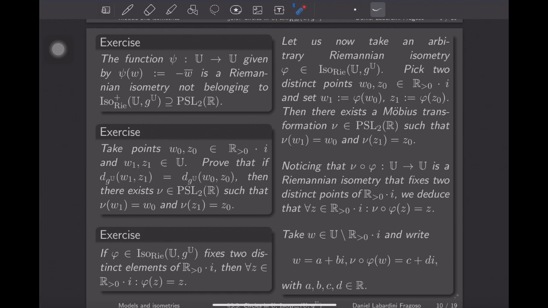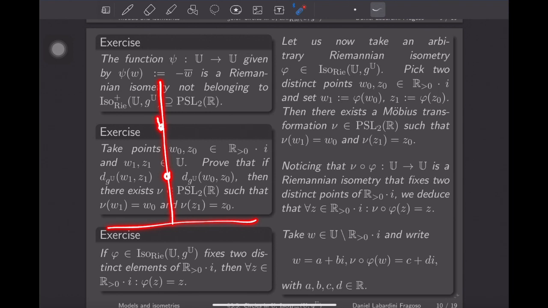Okay, so now I'm going to take all these exercises for granted, and take an arbitrary Riemannian isometry phi, and pick 2 distinct points in the positive part of the imaginary axis. So I have my 2 distinct points.